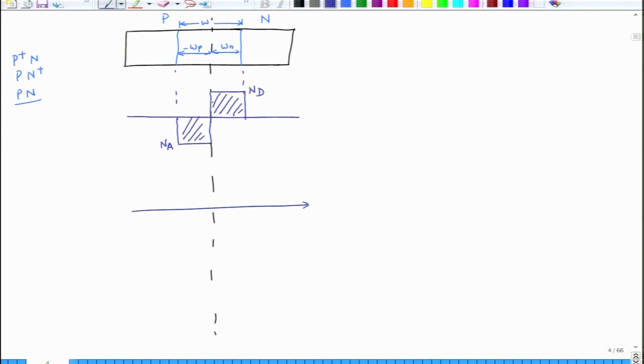This is the charge density rho. Now we want to plot the electric field, Ex.